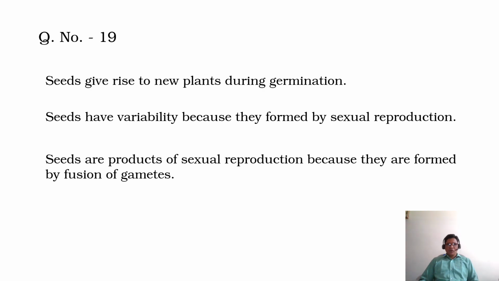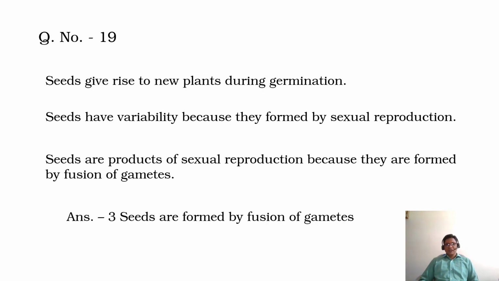Hence, the answer is option 3. Seeds are formed by fusion of gametes, hence they are called products of sexual reproduction. Fusion takes place only during sexual reproduction.